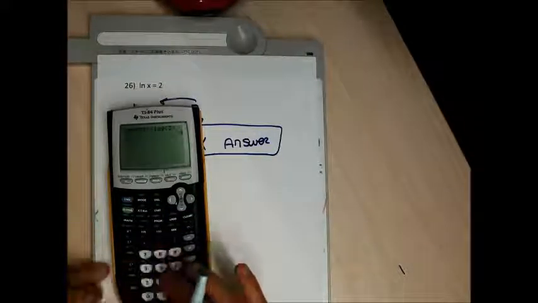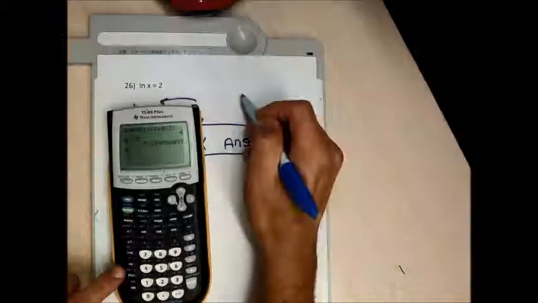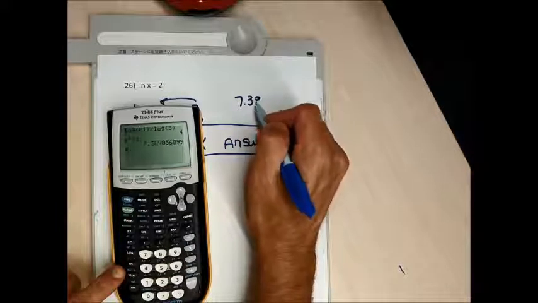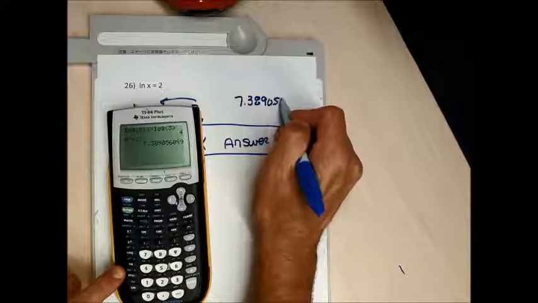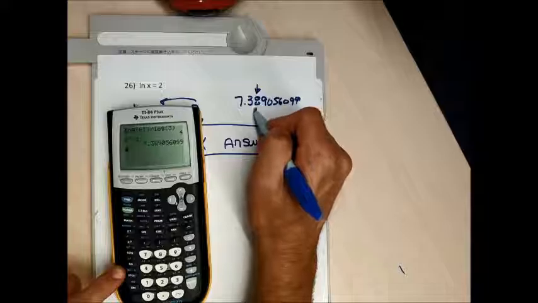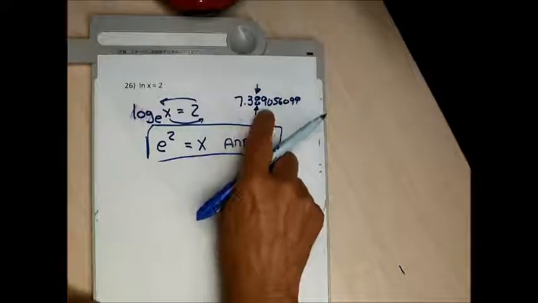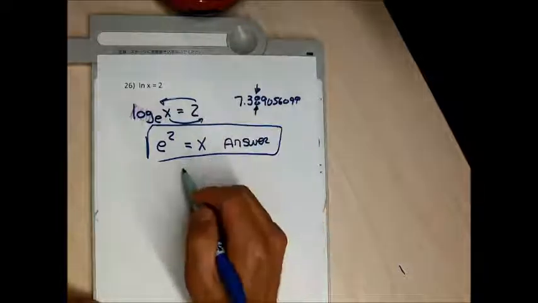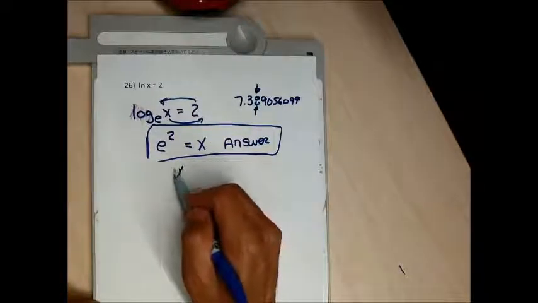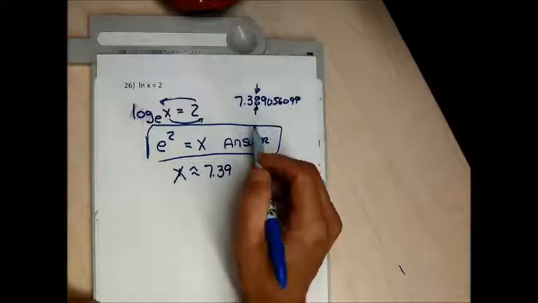So I'm going to go second in ln and type e squared, and my calculator gives me 7.389056099. The number in the second decimal place is an 8. Either I leave it at an 8 or round it up to a 9. I look at the number after it, it tells me to round it up, and I would take either of these.